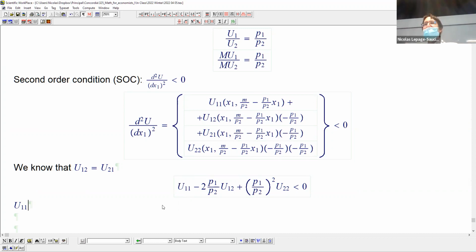This is how much the marginal utility changes as I increase my consumption of the same good over time.